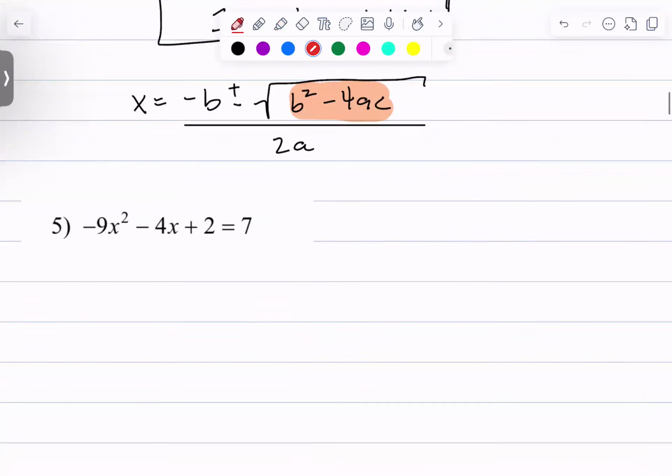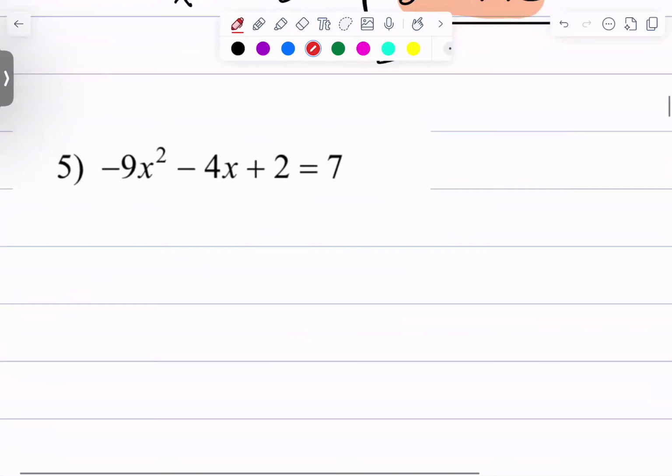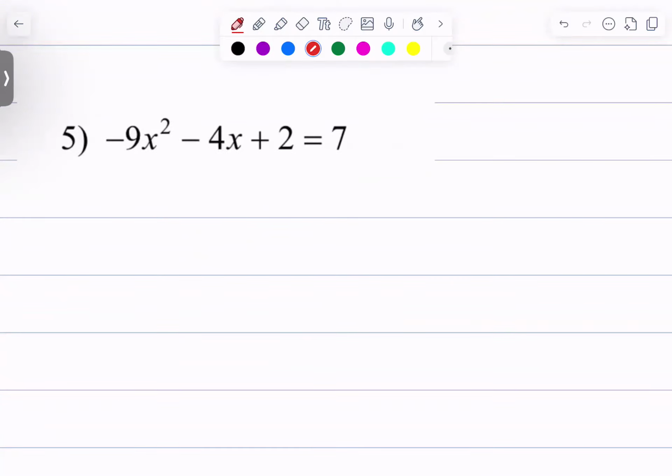So in my second example, number 5, we have this. I have to set one side equal to 0, so I'm going to subtract 7 from both sides. Whenever I'm subtracting something, I want to line it up the best that I can. I'm going to line up the -7 with the 2 because they're like terms.